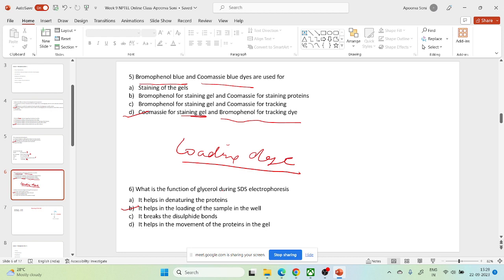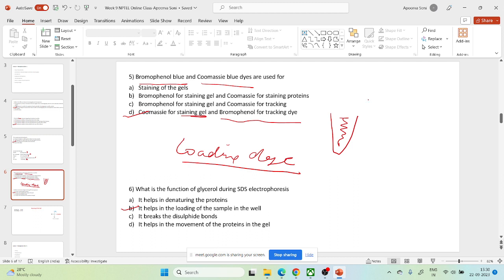So loading dye in agarose gel electrophoresis, if this is your tube, and this is your loading dye. Loading dye has glycerol, and it has a color dye also, just to make sure that your DNA has gone into the well, because DNA is colorless and glycerol is also colorless. So you might get confused whether your DNA actually got into the well or not.